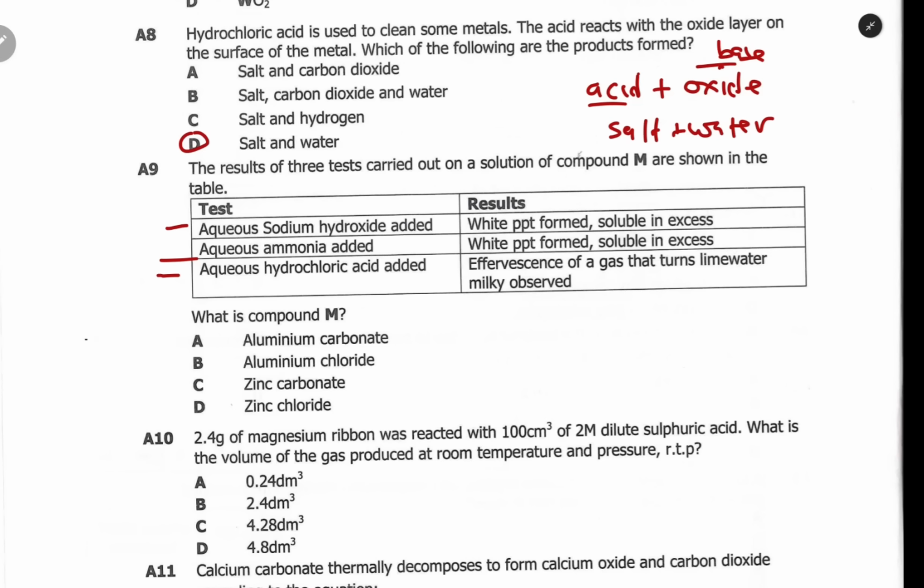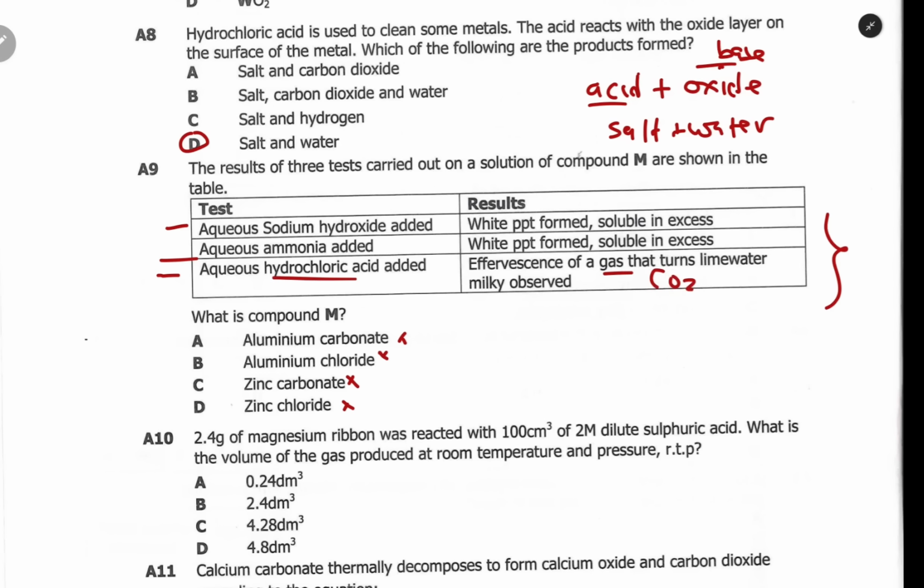So in other words, these are the tests that are carried out on a certain compound. Now, what is the compound M? So A, we have aluminium carbonate, we have aluminium chloride, we have zinc carbonate, we have zinc chloride. Now, to give you a clue, the gas produced when an acid reacts with the compound turns lime water milky.